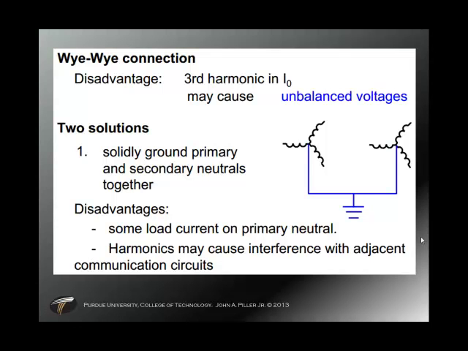You can solidly ground the primary and secondary neutrals together. Another way is called a tertiary coil, and we're going to do that in lab. Disadvantage is some load current actually ends up on the primary neutral, and then the harmonics interfere with adjacent communication circuits. Go across the board of all the problems you can imagine there.